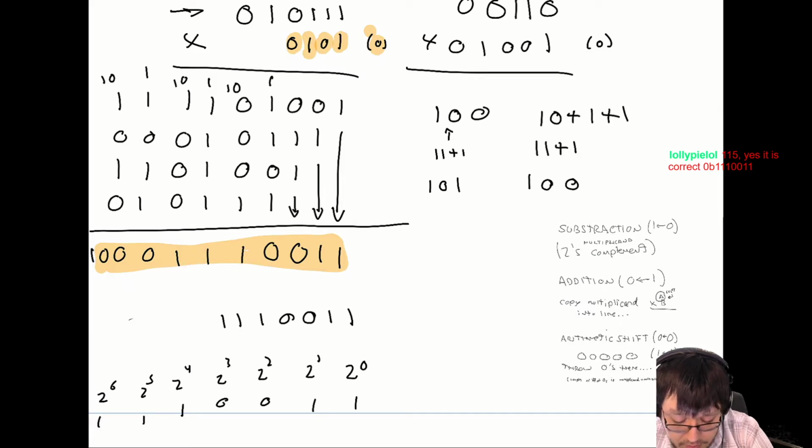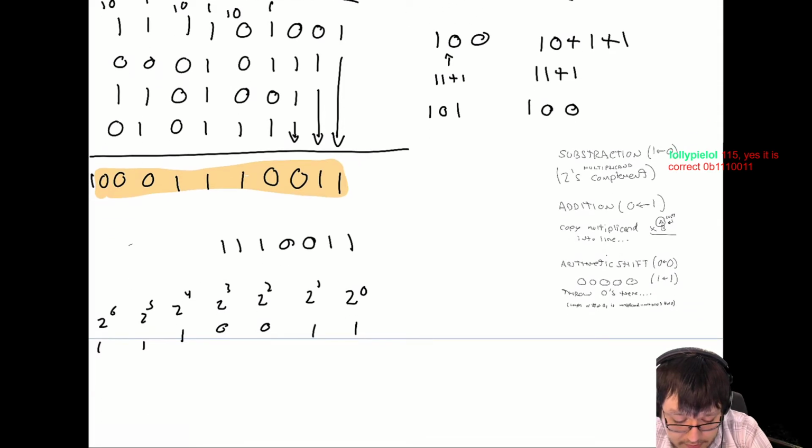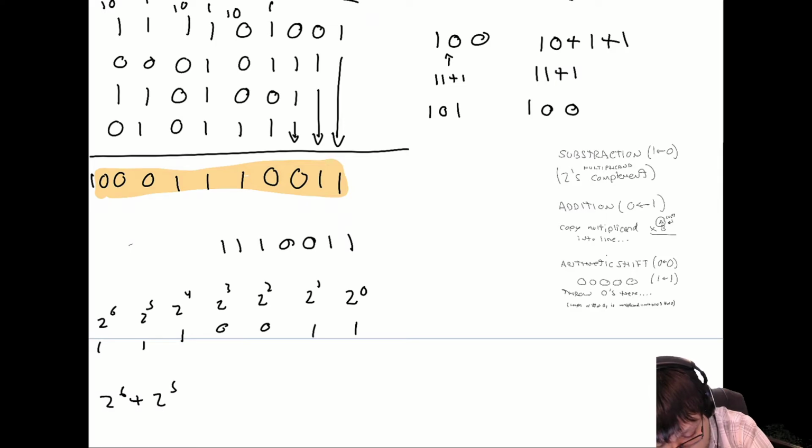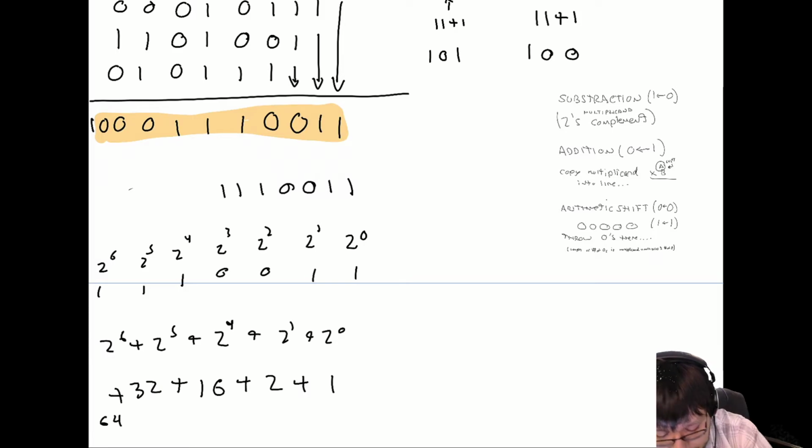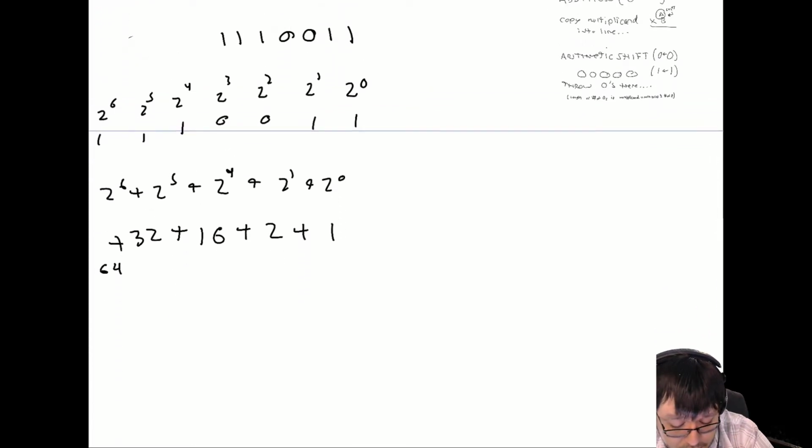And so let's just go ahead and see what this tells us in binary. That would be 2 to the 6th plus 2 to the 5th plus 2 to the 4th plus 2 to the 1st plus 2 to the 0. That is going to be 1 plus 2 plus 16 plus 32 plus 64. What is that equal to?